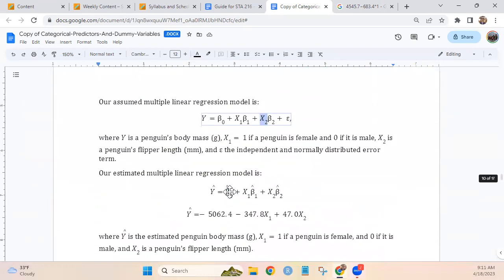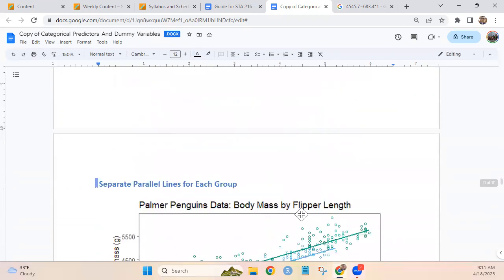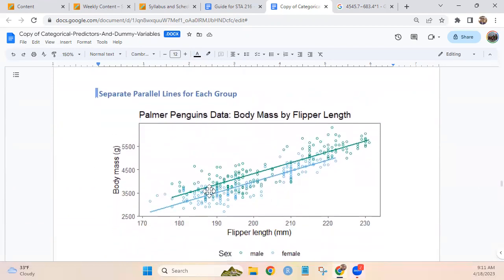Note that in this type of model, where you have an indicator for the sex of the penguin and then one predictor for the flipper lengths, these two lines are shifted vertically like this, but they're constrained to be perfectly parallel. They have exactly the same slope, in other words.